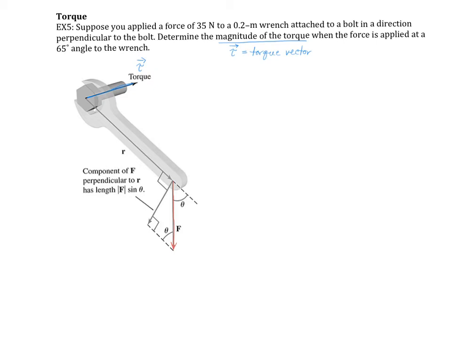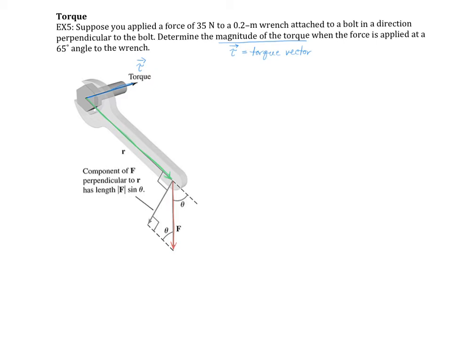That would be my force vector. And then we have another vector as well, the vector that represents the wrench. That would be this green line, and I've assigned R to the vector that represents the wrench.